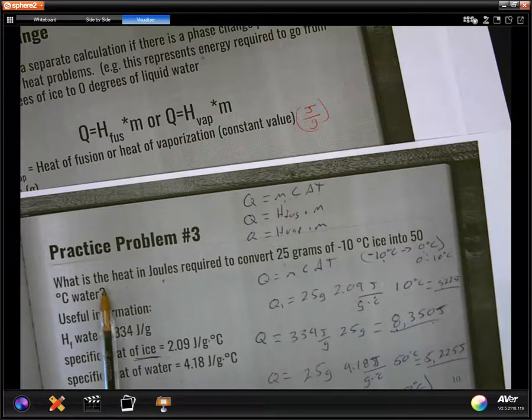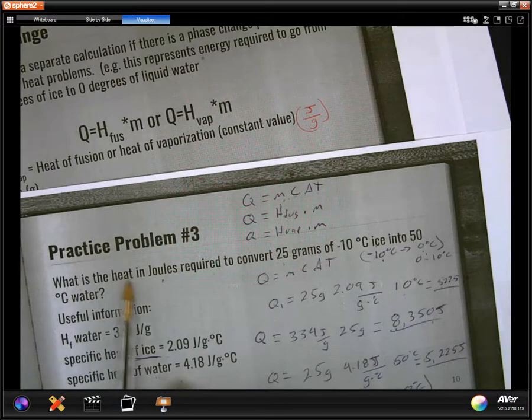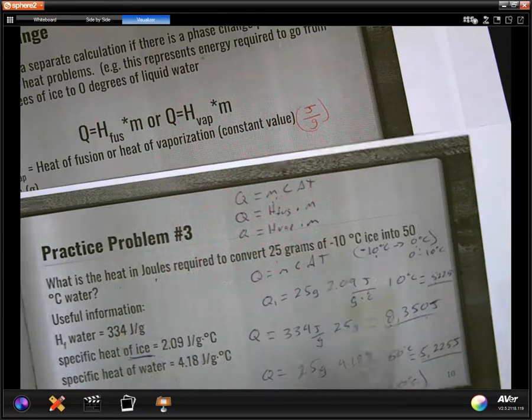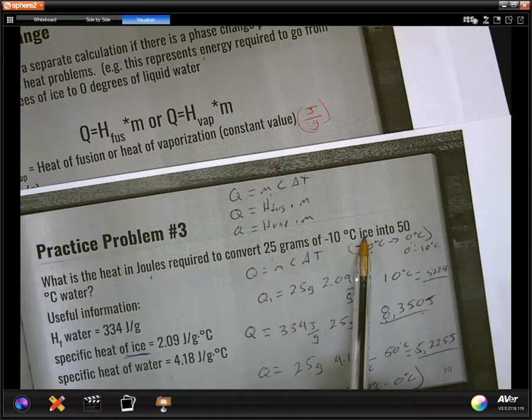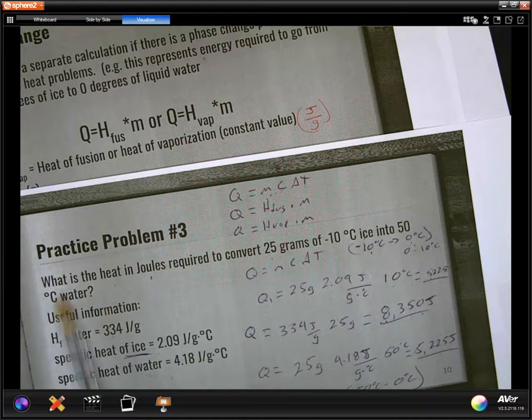So what is the heat transfer that is required to take negative 10 degree ice and convert it into 50 degree water? You have to first calculate the amount of energy change in turning those 10 degrees of ice, getting it ready to phase change into water.